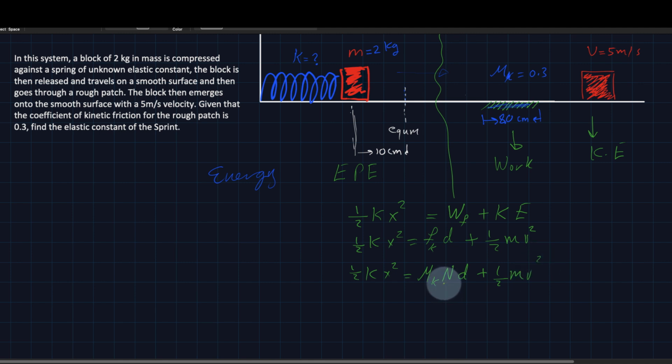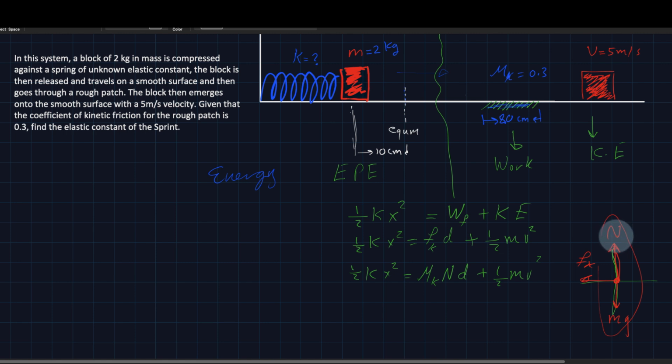Now what is N? It is the normal force. And if you draw a free body diagram for the object, remember this object is on a horizontal surface, so we know that mg is down and N is up. Okay, friction is going this way, but we are concerned only with the y direction motion, and there is no motion in the y direction, so acceleration is 0.